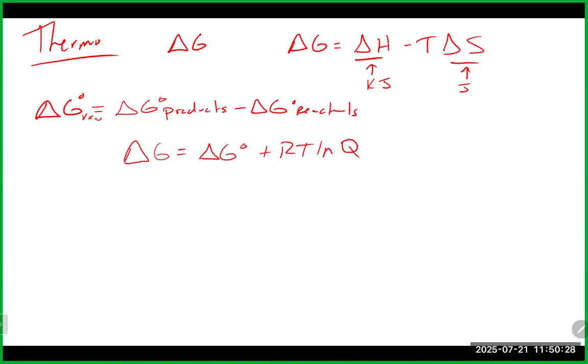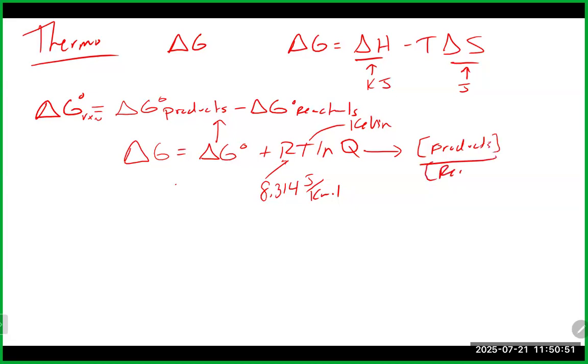Delta G equals delta G naught plus RT natural log of Q. This guy right here is what's above. R is our gas constant with energy. T is our temperature in Kelvin. And Q is our reaction quotient, which again is our products divided by reactants. We calculate it the same way as we calculate Q or K.